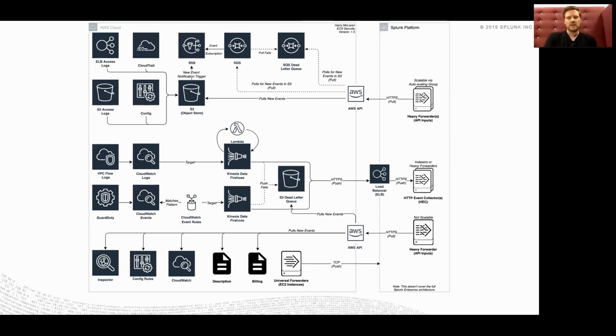Sure. So I think part of it depends on AWS. To my knowledge, I don't think there's actually a way to consume inspector, config rules, CloudWatch, description, or billing except over a pull API request. So the way around that is you could configure a Lambda function, which is a small piece of compute with a script running in it that could pull those in and store them into S3, for example, or push them to Kinesis Data Firehose.